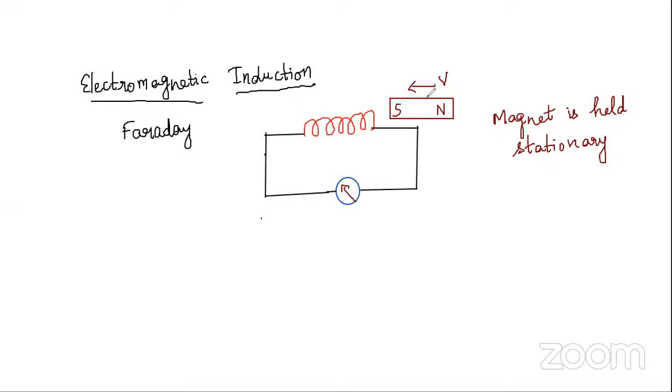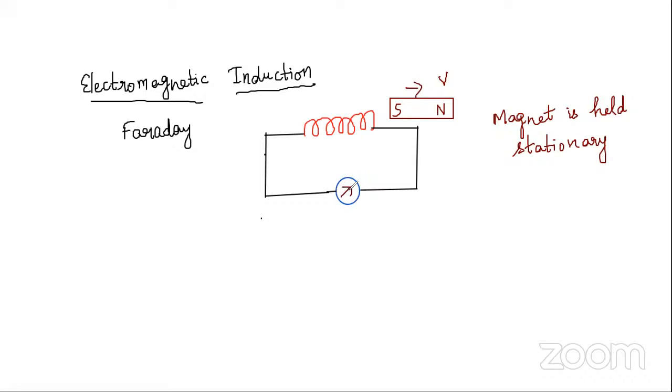For the same scenario, south pole of the bar magnet moved with velocity v, but in the other direction, that is, moved away from the coil, the deflection will be in this direction now.